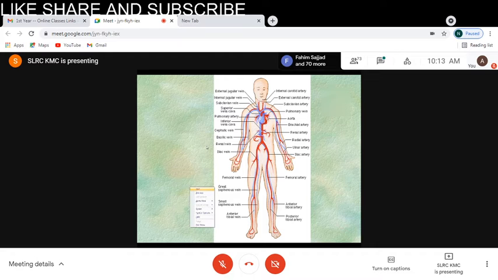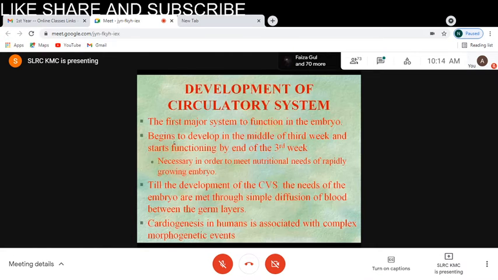Now the first organ system to develop in the body is the cardiovascular system, or the circulatory system. Why does this system develop so early?